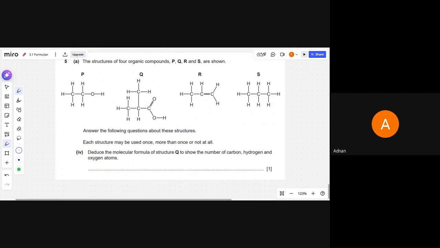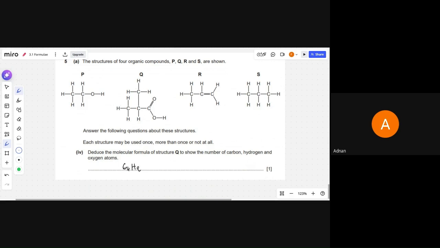Deduce the molecular formula of structure Q to show the number of carbon, hydrogen, and oxygen atoms. So this is Q again. You just have to do the simple counting. Carbons 1, 2, 3, 4. So you write C4, and now you count the hydrogens. 1, 2, 3, 4, 5, 6, 7, 8.